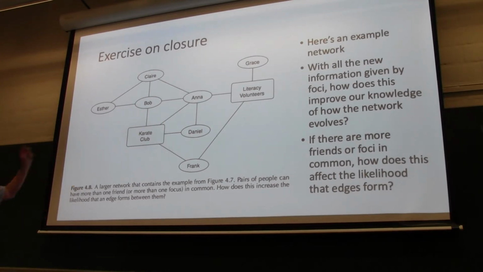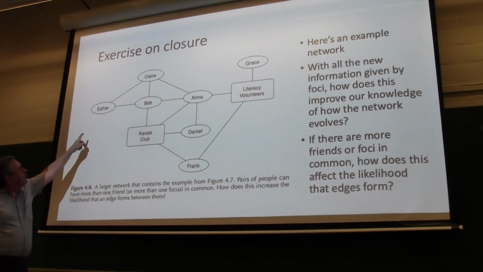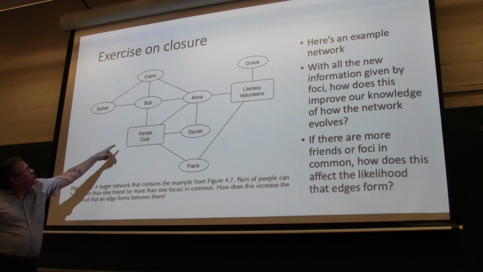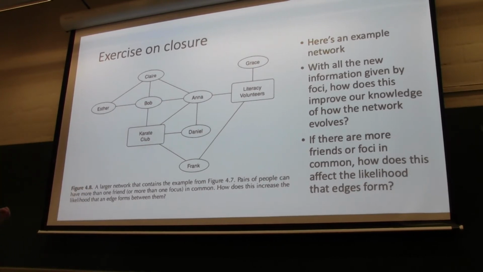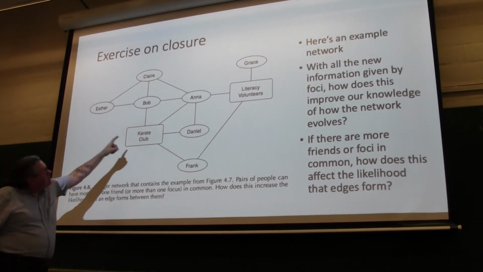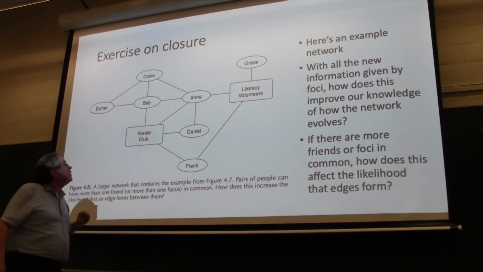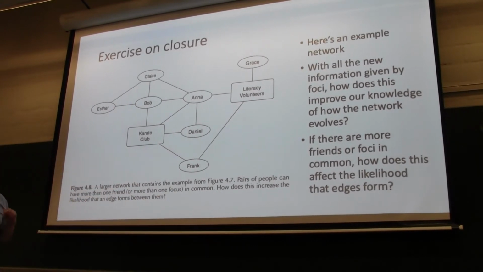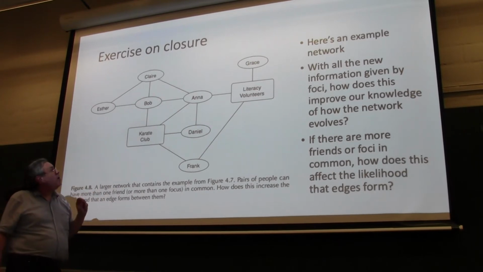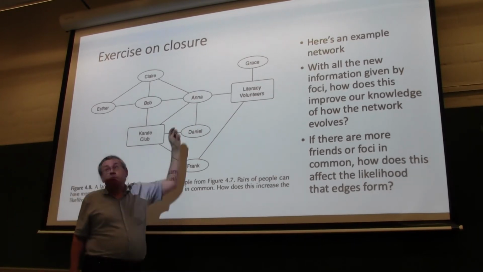So here you can actually see how it could evolve. Esther, for example, maybe would join the karate club, okay? Or Bob and Daniel are not friends, but they might become friends, and there are multiple reasons: they are both in the karate club, but also they're both friends with Anna, okay?